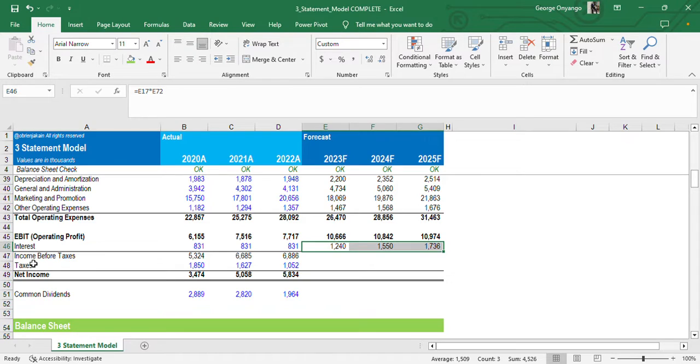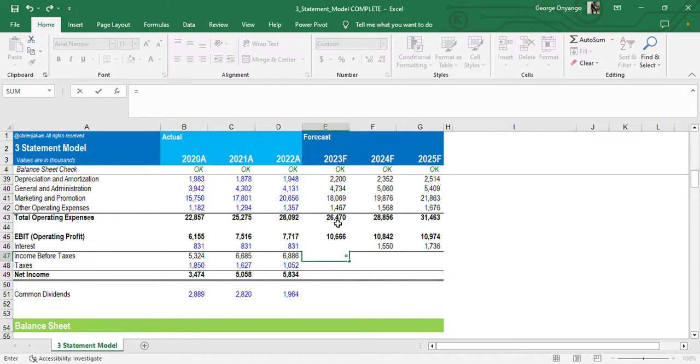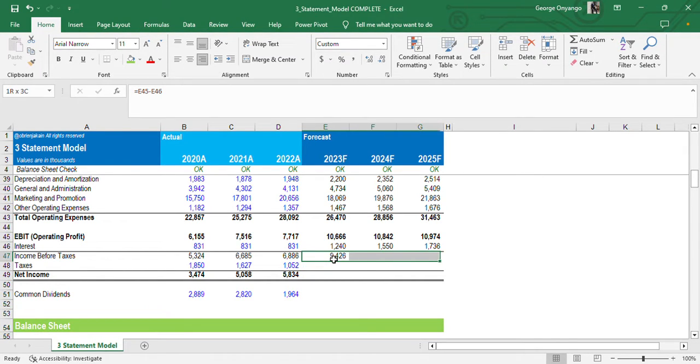So income before taxes, you get the difference between operating profit minus interest. That is going to be E46. You fill that right and you get income before taxes.